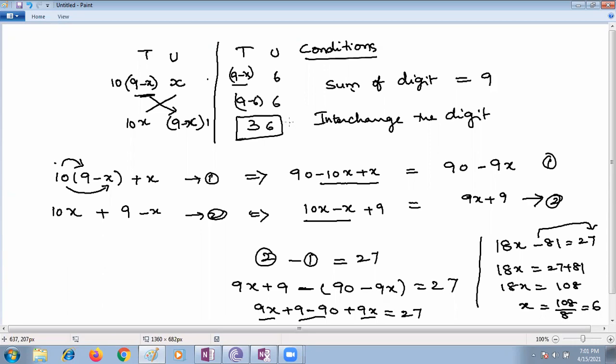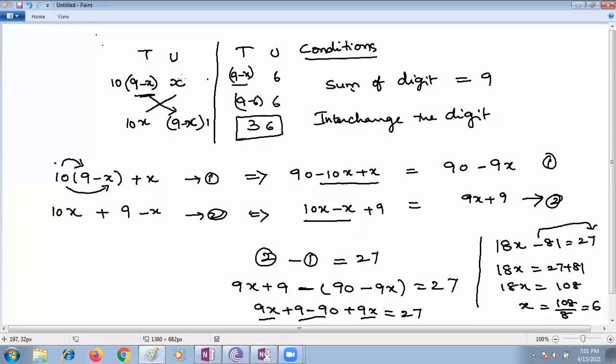Ma'am, how did we get the 36? Ma'am, I understood till 108 by 18 is equal to 6 times. Very good. Till here, he is asking about this part, 36, how you get. Because our original number is taken as 9 minus x and x.